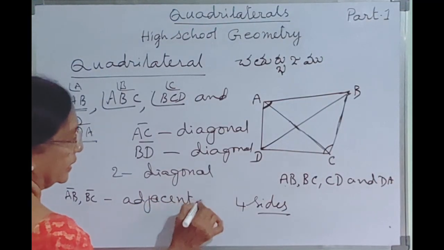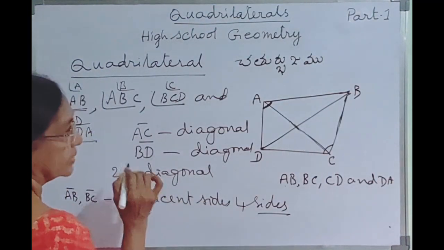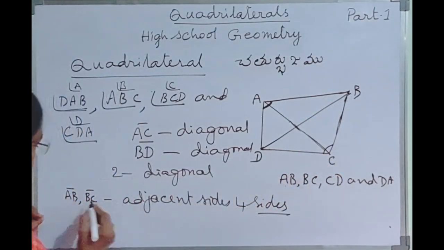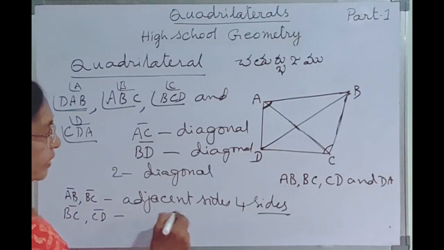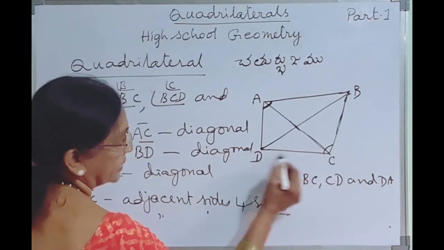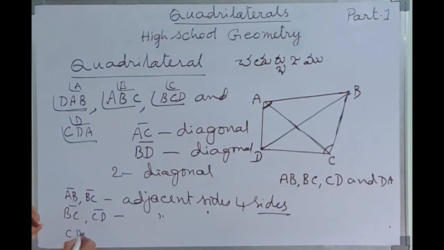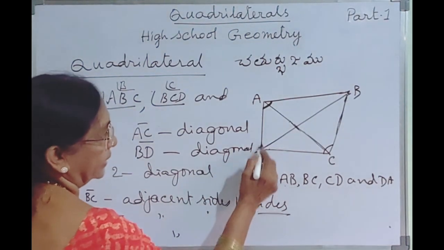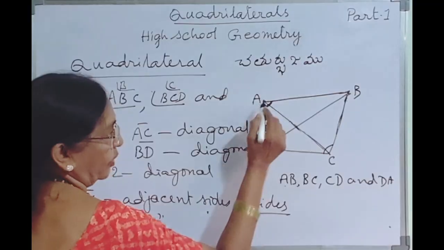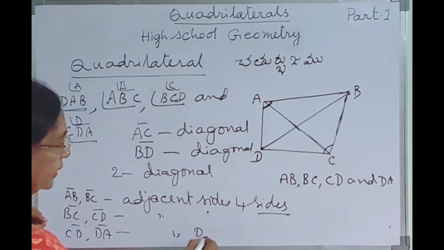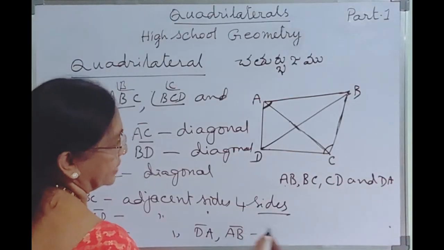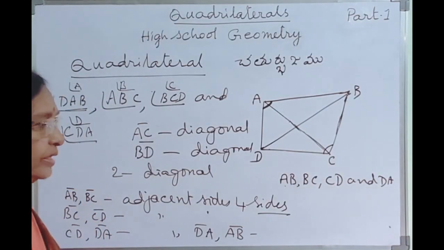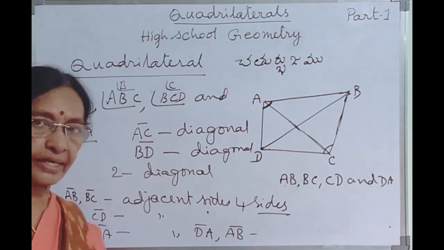Similarly, BC, CD are another pair of adjacent sides. And CD, DA are another pair of adjacent sides. Then DA, AB, common point A. DA and AB are a pair of adjacent sides. Therefore altogether there are 4 pairs of adjacent sides.